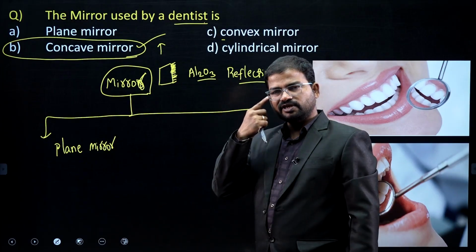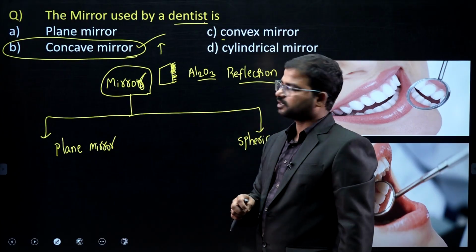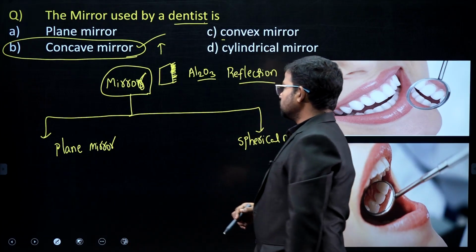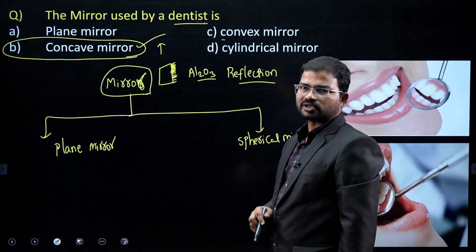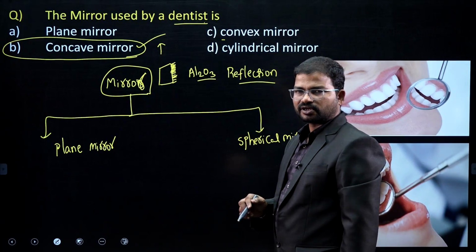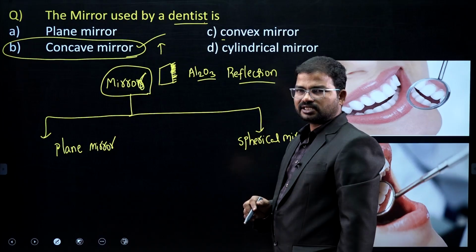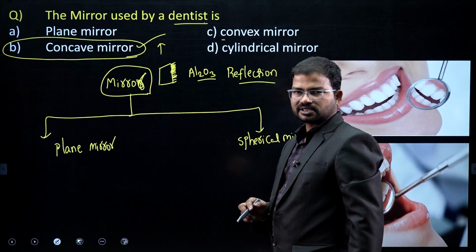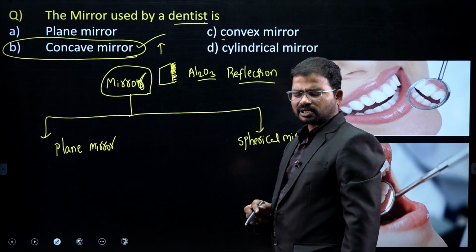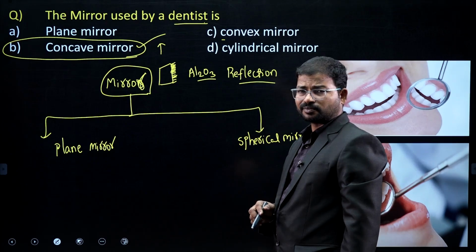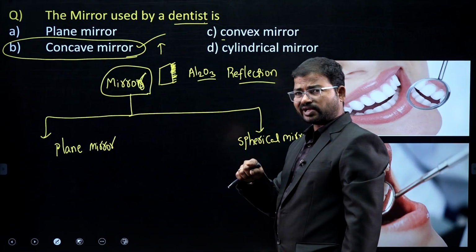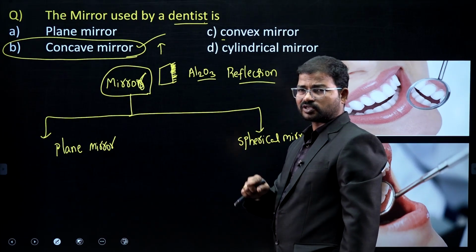Even in the eyeball we have a convex lens. What about the optical power, positive or negative? Positive. If the person is facing hypermetropia, the optical power would be positive only.